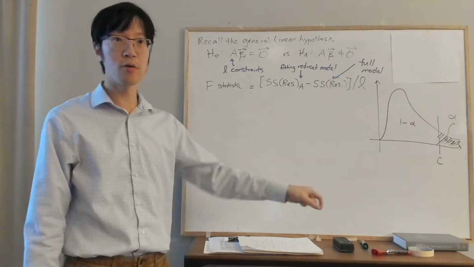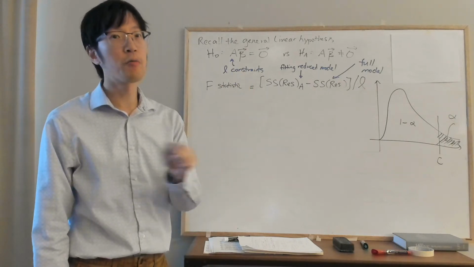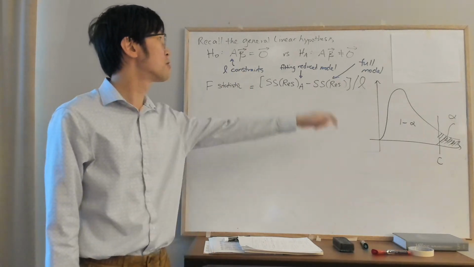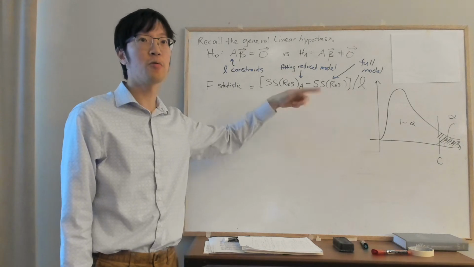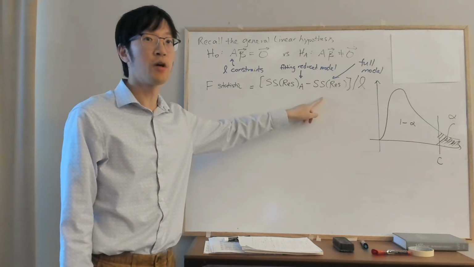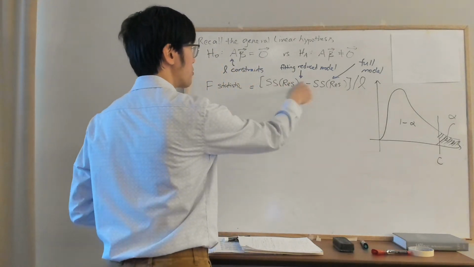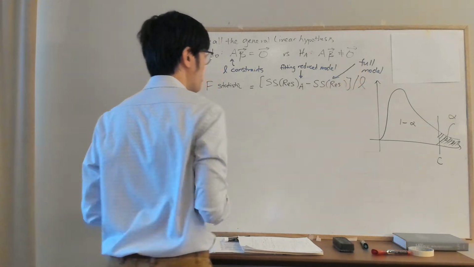So when we add predictors to the model, the R squared, or equivalently the sum of squares regression, can only go up, which means the sum of squares residual is going to go down. Therefore this quantity is always non-negative.